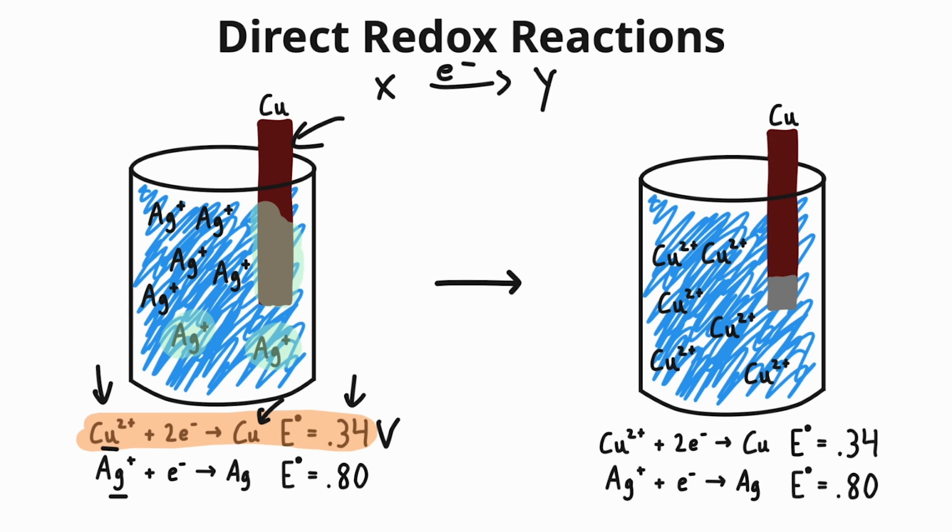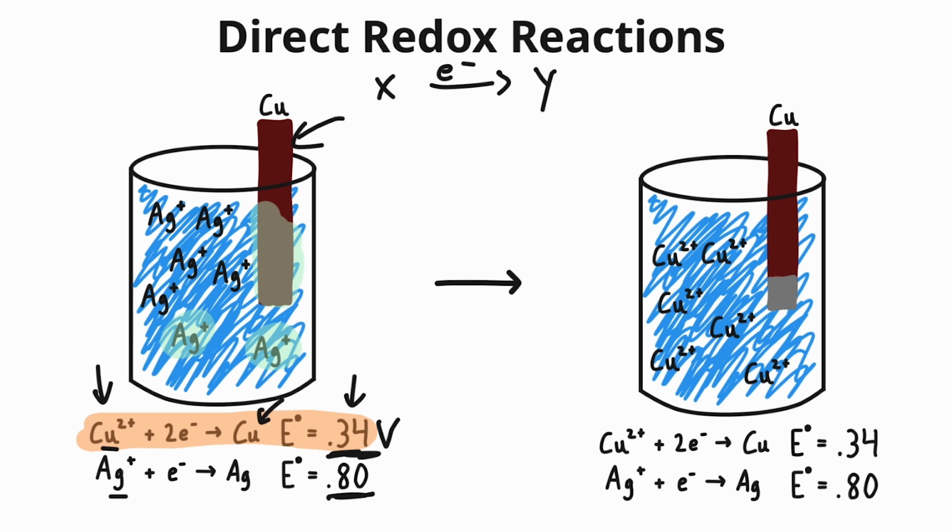So you're not asking yourself, can this copper gain more electrons? The silver is present in its ion form, so for that one you are asking, can this silver gain new electrons? So the copper is holding on to those electrons with a value of 0.34, and the silver wants to take those electrons with a value of 0.8. Since the 0.8 is larger, the silver ions will be able to take electrons from that solid copper.